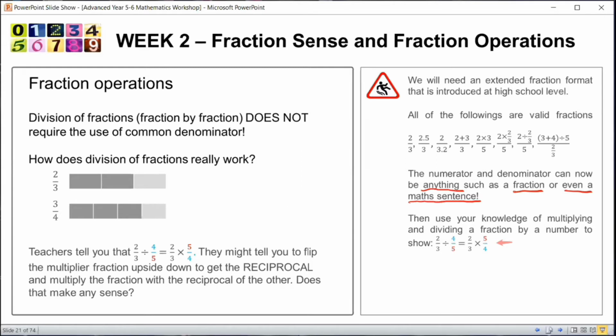Now, let's see whether I remember how to do it. Sometimes, if you haven't done this for a long time, maybe you don't remember. So let's try something. So here we have 2 out of 3, and we divide that by 4 out of 5.